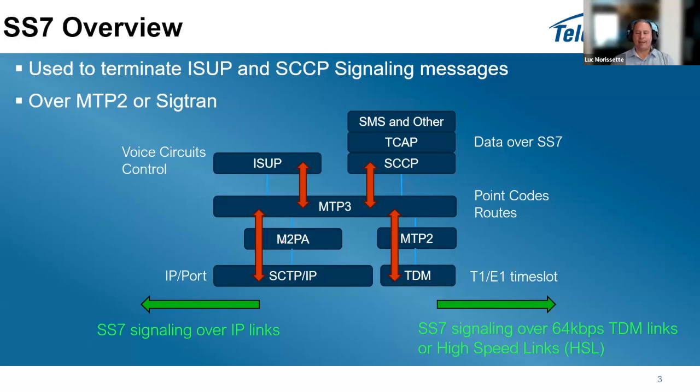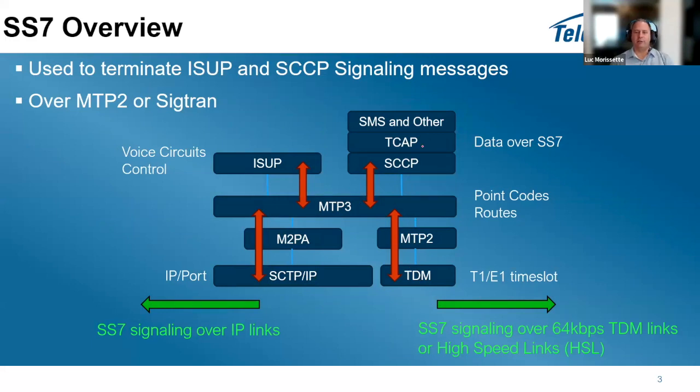These packets are then sent over IP links here. Right? And it can also be M2UA or M3UA that is used at this level here. But it does interface with MTP3, and that's how the communication goes from your ISUP level to your networks here.